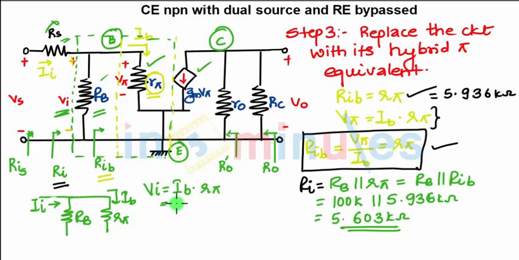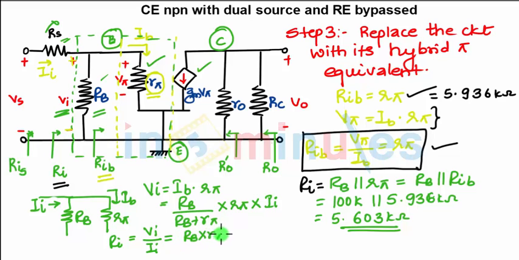So I can write IB as RB upon RB plus R pi into II, where total current is II. So I get VI upon II, which is nothing but RI, which is RB into R pi upon RB plus R pi, which is nothing but RB parallel to R pi. This will give you the same equation.